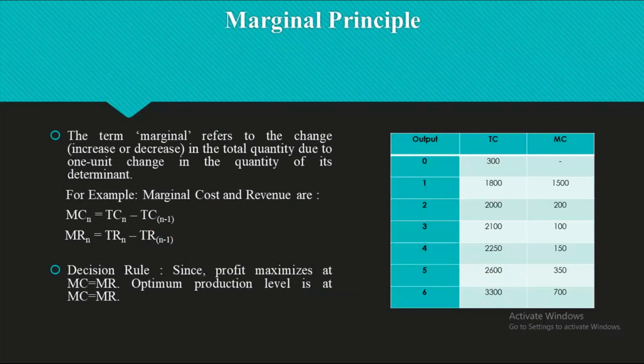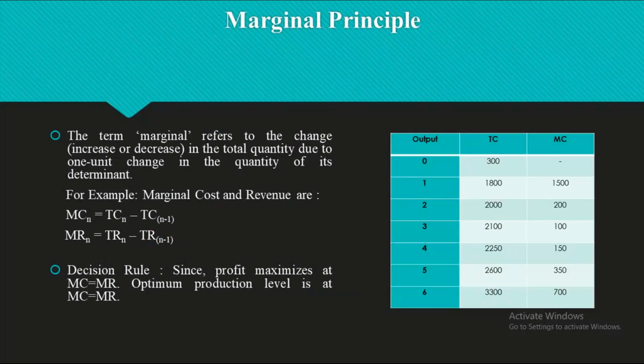Now, to simplify it, suppose your output means production. If you are increasing your production, if you're manufacturing something and well, you are producing nothing. Here you can look at this diagram. When you are producing nothing, it is 0, and at that time your total cost is 300.